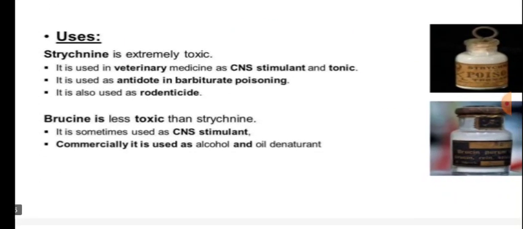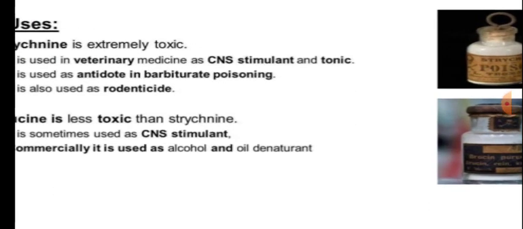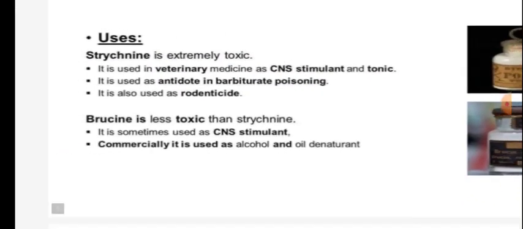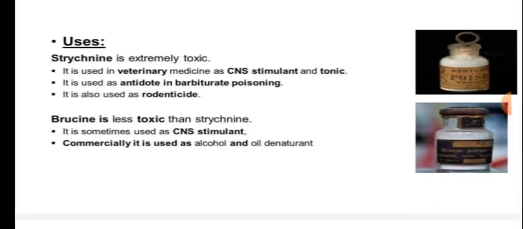The uses are very specific. Firstly, it is extremely toxic. In a small dose it is proper as a medicine, but if the dose is more, it will be poisonous. It is used in veterinary medicine, particularly as a stimulant and tonic for animals. It is used as an antidote in barbiturate poisoning, and also for food poisoning.